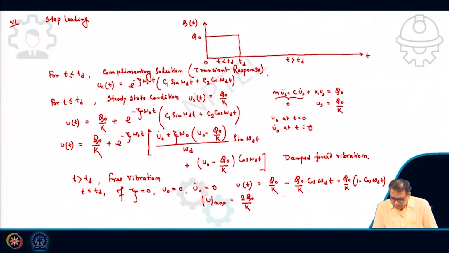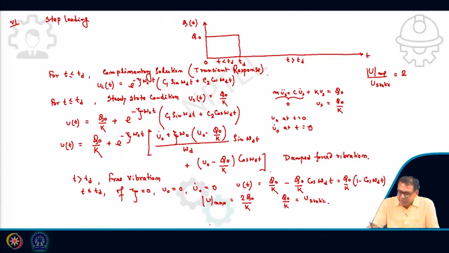Now I can write that q0 by k is equal to u static, you know. So my u max by u static will be equal to 2 here. Or you can say the maximum displacement is 2 times the static displacement.